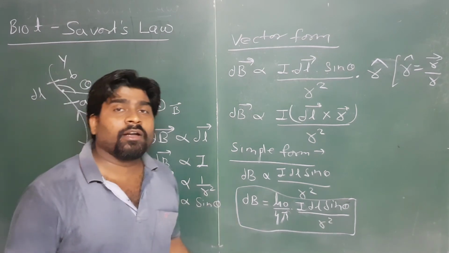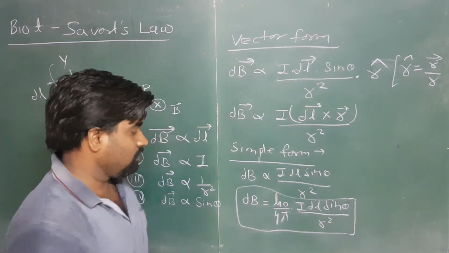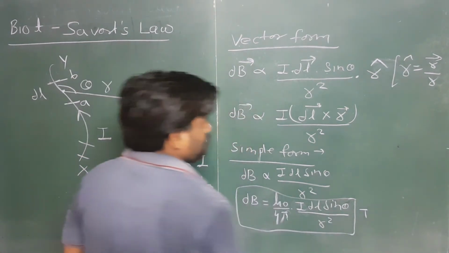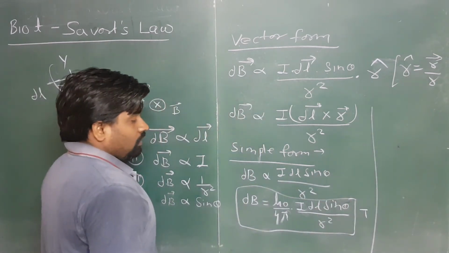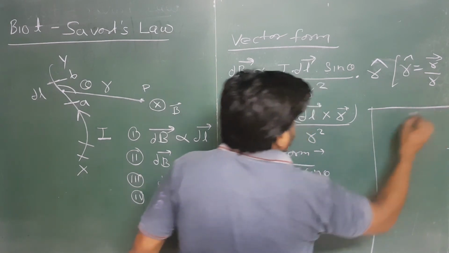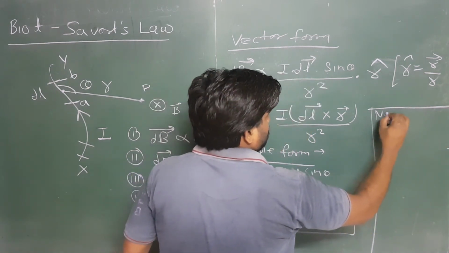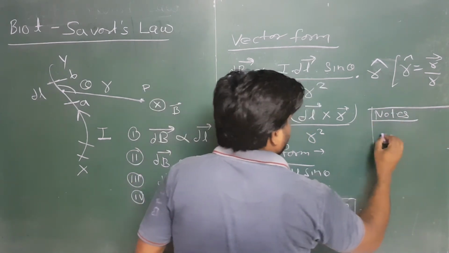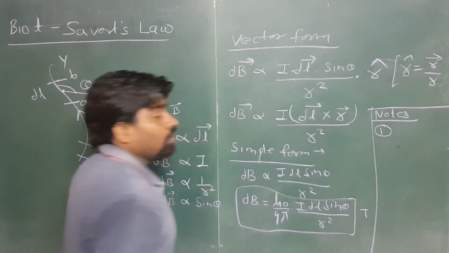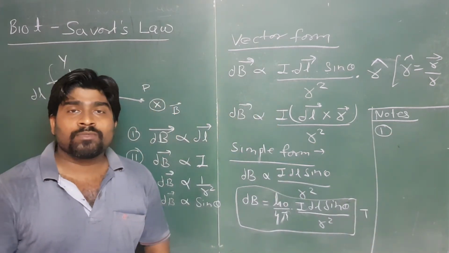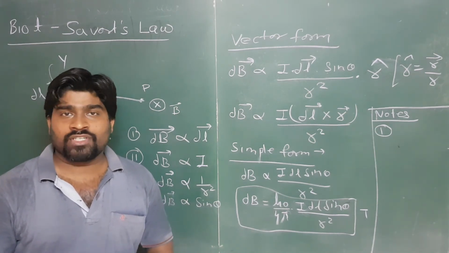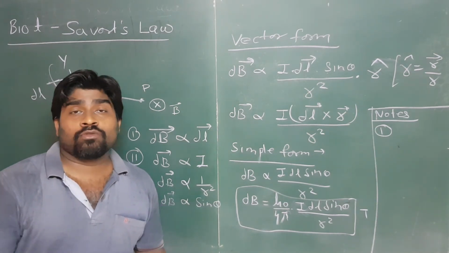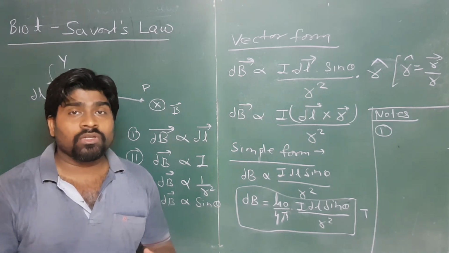And the unit of the magnetic field is the Tesla. Here I am writing some important facts as notes. The first: as we know in Coulomb's law, the electrostatic force depends on the product of charges, and the electrostatic force originates due to the source charge.